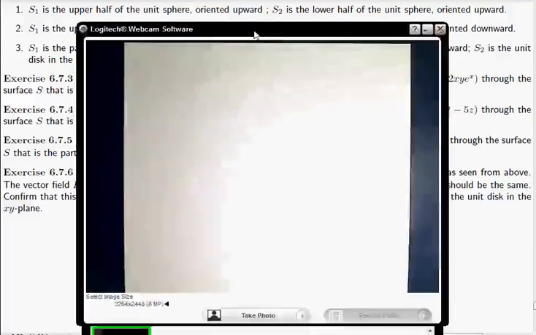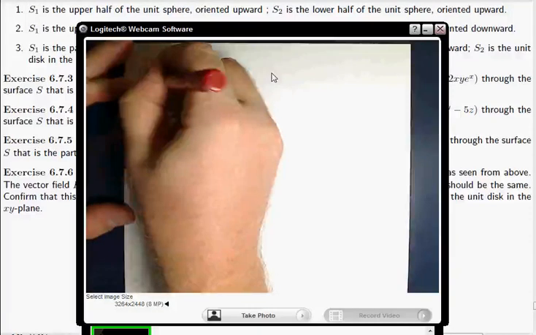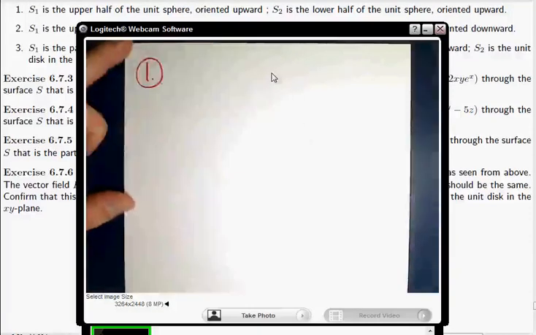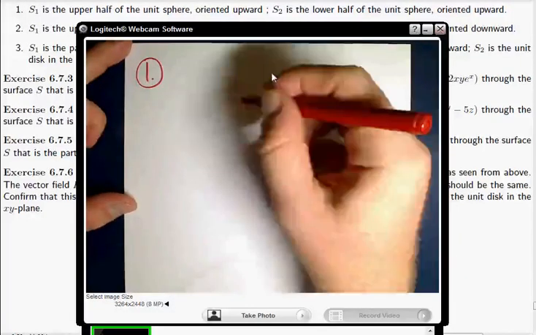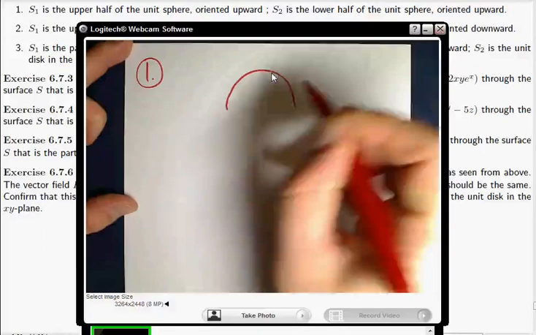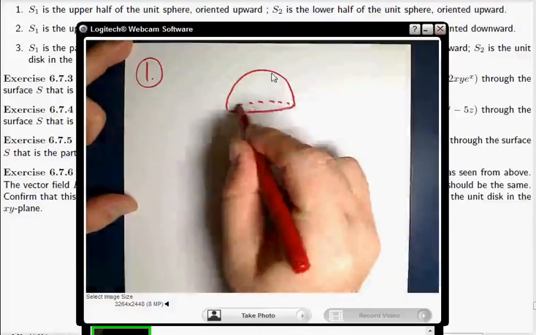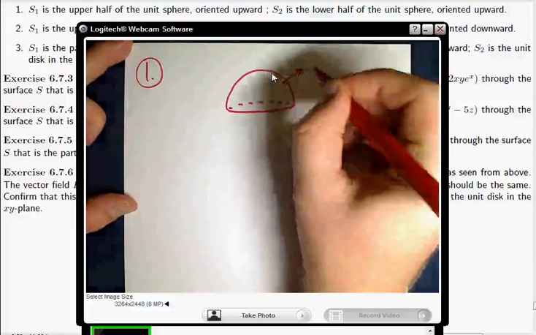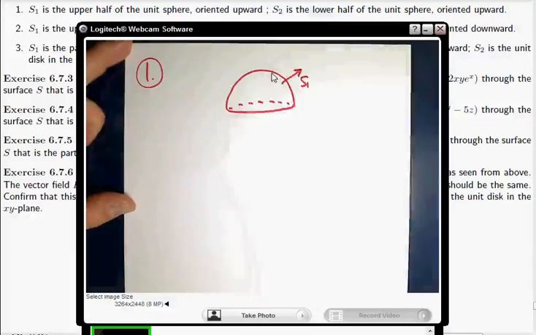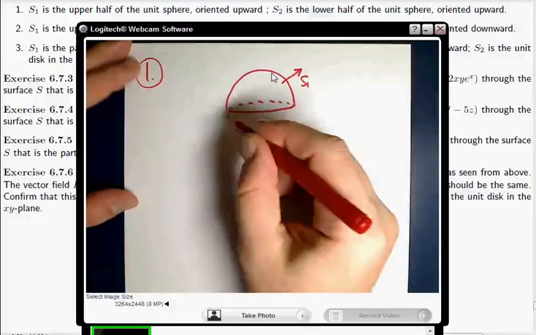Let's first talk about number one here. So S1 is the upper half of the unit sphere oriented upward. So there's our S1. S2 is the lower half of the unit sphere oriented again upward.